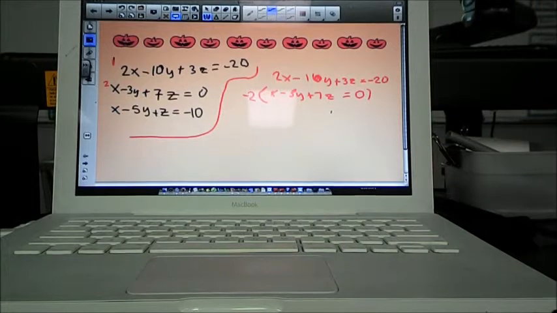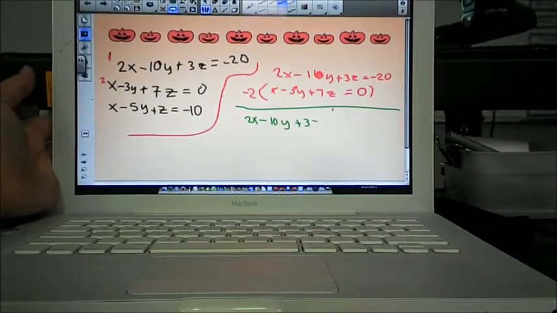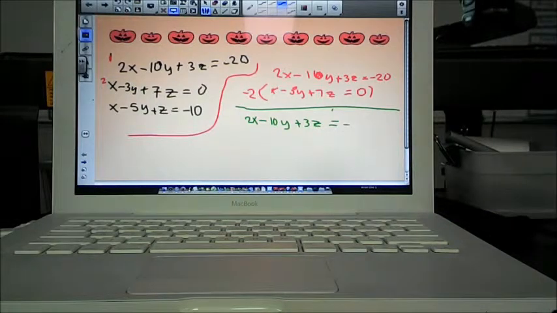I'm going to use another new color so you can see what's going on. We have to bring down the first equation also, let's not forget that. So we draw a line right here: 2x minus 10y plus 3z equals negative 20.